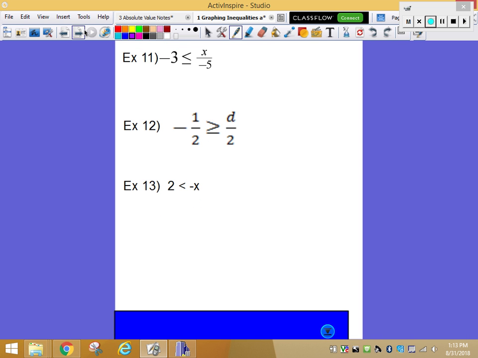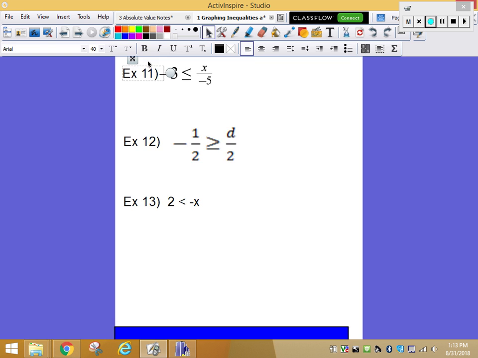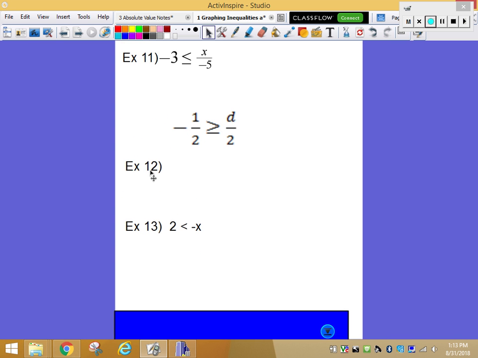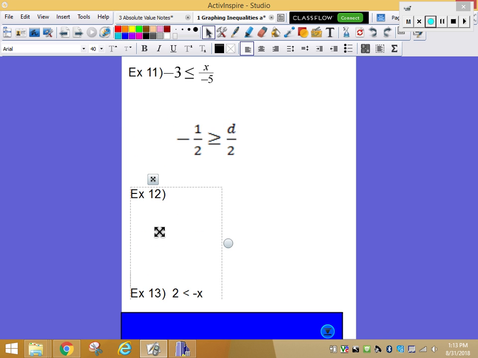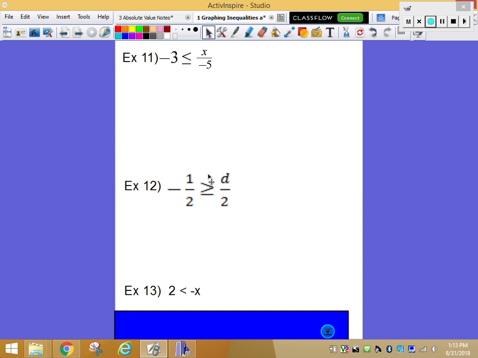Let's do another one. Let's do example 11. I'm going to slide these down. So, example 11. I want to get x by itself. So I need to move that 5. Well, it's dividing. And the opposite of dividing is multiply.